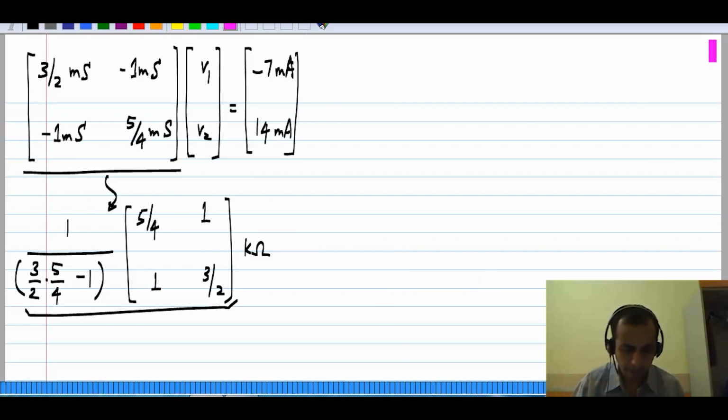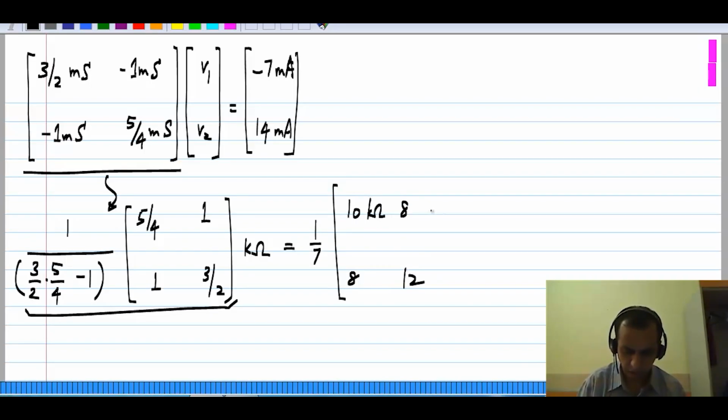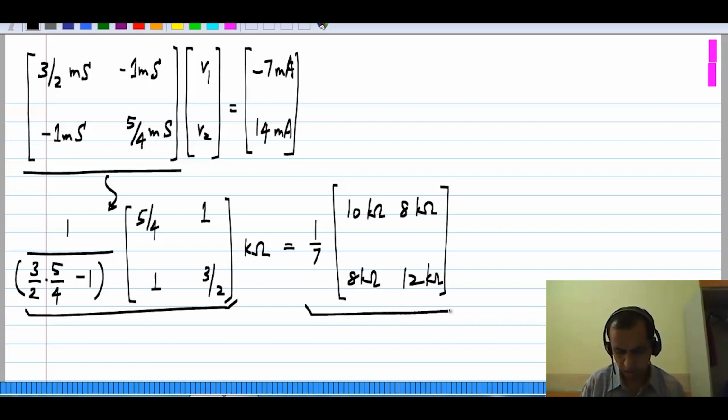Okay, and if you expand this whole thing, you will get 1 by 7 times 10, 8, 8, 12, all kilo ohms. Okay, so this is the inverse of the G matrix.